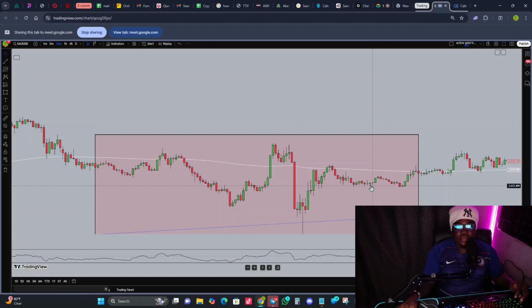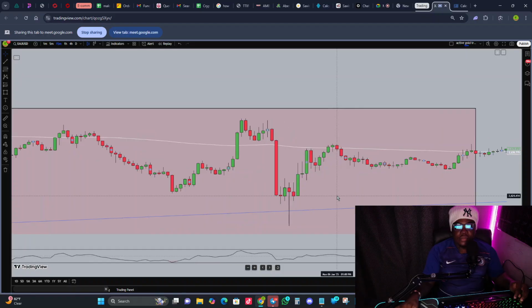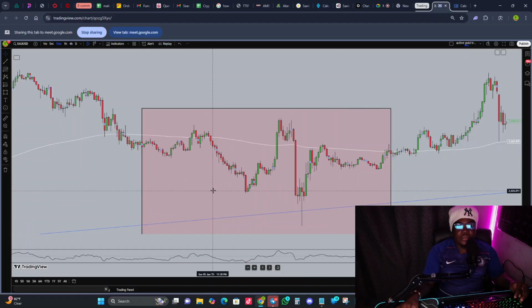Right, it's not the best one, but the market sells off. Nah, that's not the best one, yeah. This one will be a little bit better, yeah. Not really. You get the bullish engulfing.